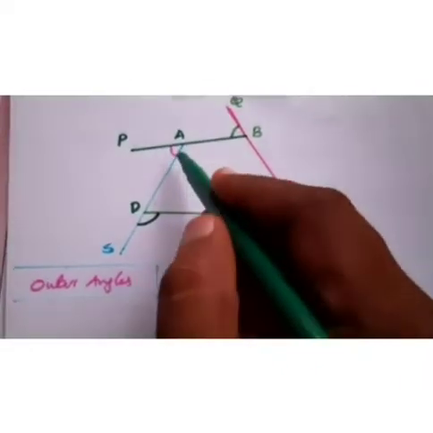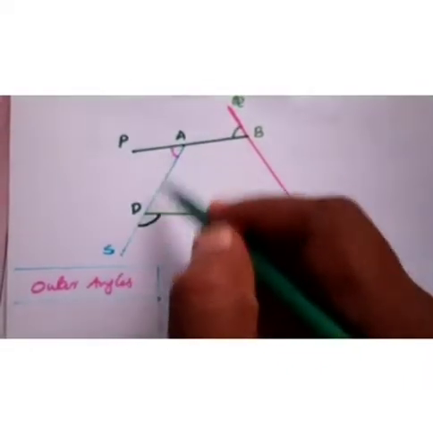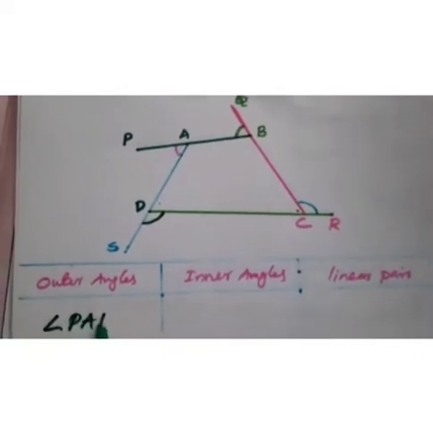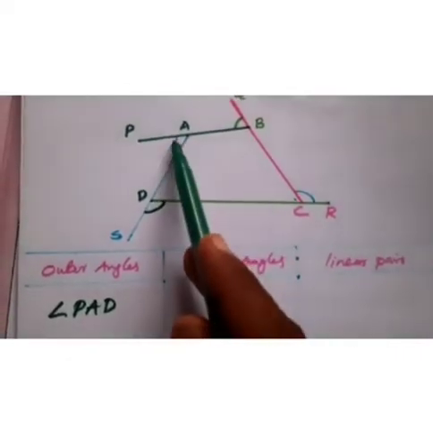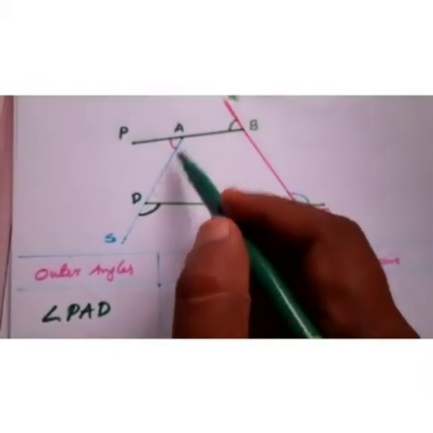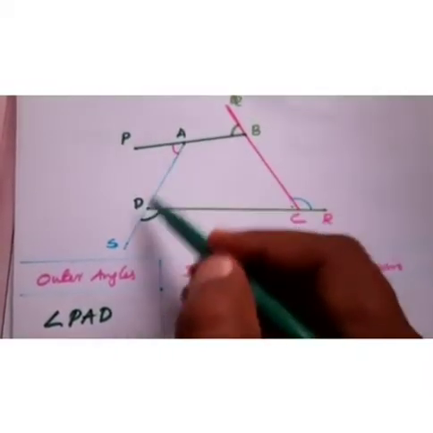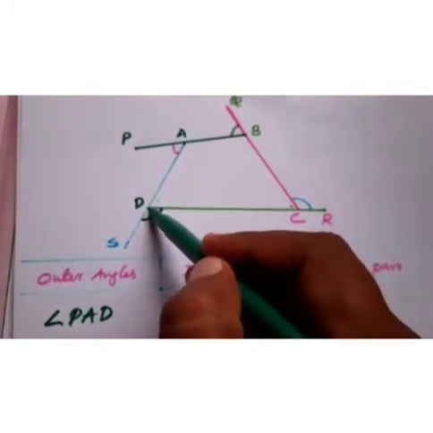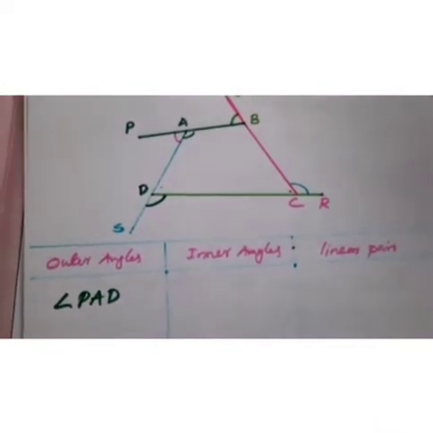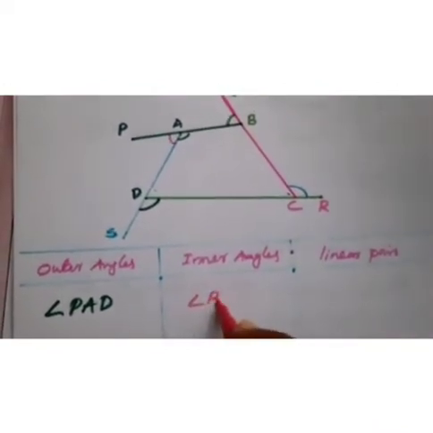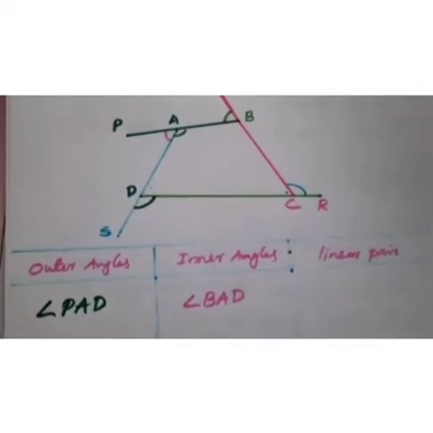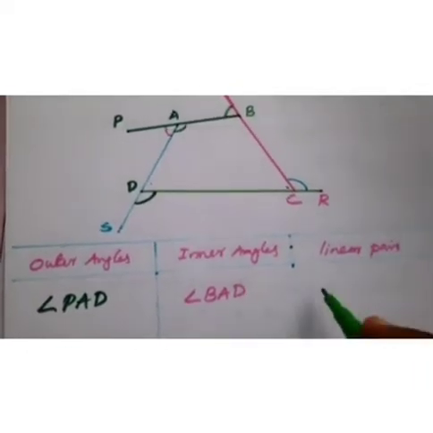See the first pair, PAT. Angle PAD is the outer angle here. What about the inner angle? Angle BAD. This is the inner angle. Then both together are a linear pair.